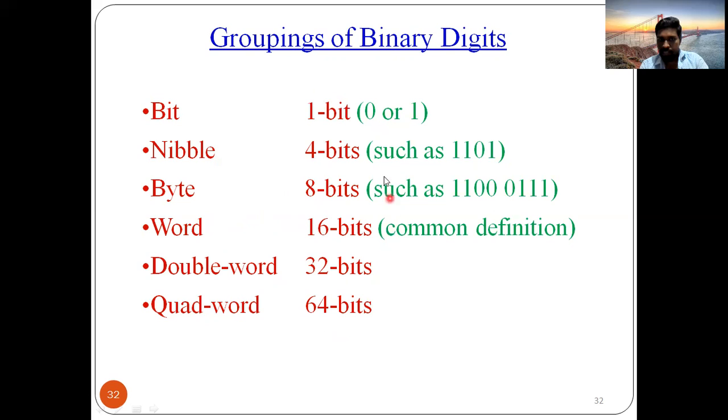So if we know the range of the length of the bits, then you can convert from one to other. Bit means 1 bit, nibble means 4 bits, byte means 8 bits, word means 16, double word is 32, quad word is 64. These are the examples for nibble and byte.